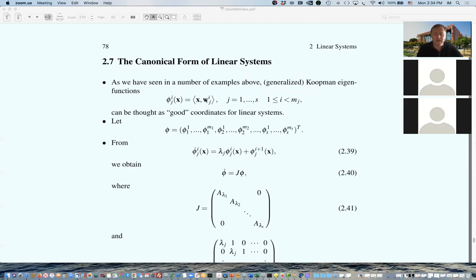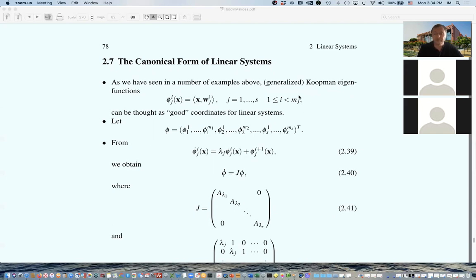Just in this case, w j i is a dual eigenvector that corresponds to eigenvalue lambda j, but i is the index that counts the difference between the geometric multiplicity and algebraic multiplicity.